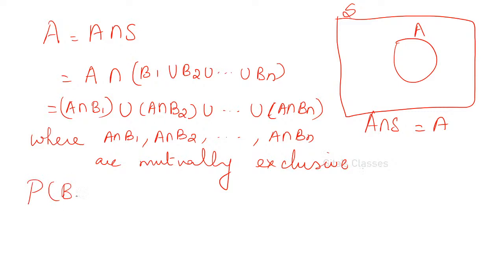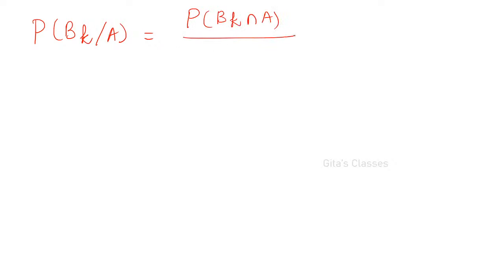So now what do you want? P of Bk given A. Okay, we'll write in a fresh page. P of Bk given A only we want, right? That is, by definition of conditional probability, we know that P of Bk intersection A divided by P of A, right?